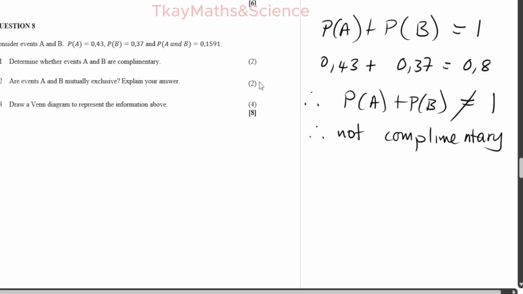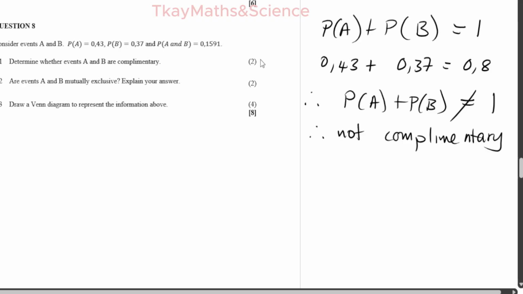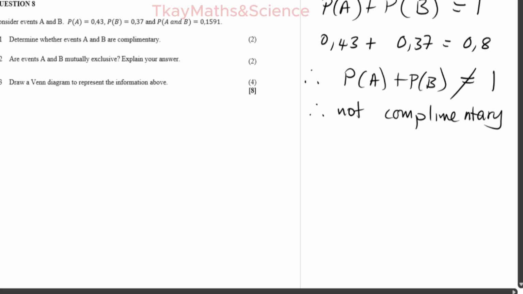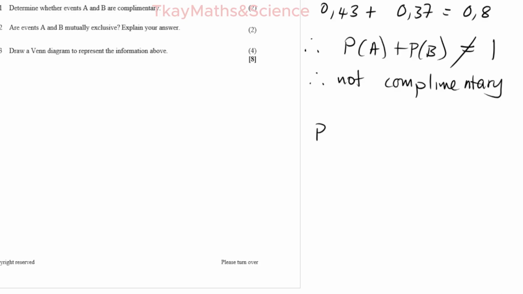All right. Let's go on to question 2. Are events A and B mutually exclusive? Explain your answer. So let's see if our events are mutually exclusive. For events to be mutually exclusive, it must satisfy this condition: probability of getting A intersection B must be equal to 0, like they shouldn't meet at all.